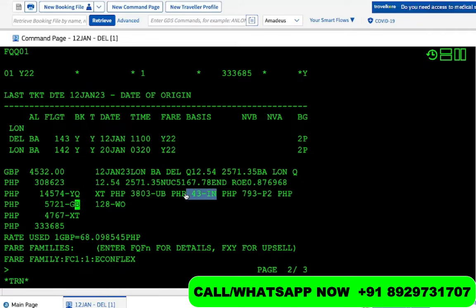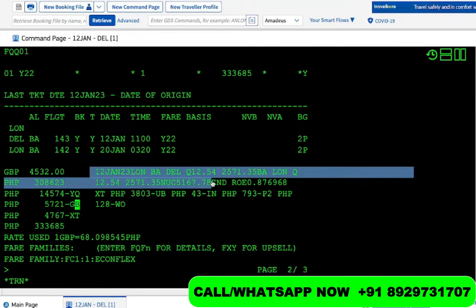IN, which is applied at the Delhi airport. Then you have P2. Then you have WO. All of these are the taxes that we have on this ticket, and the total price when you add all these comes out to be 333,685 Philippines peso.